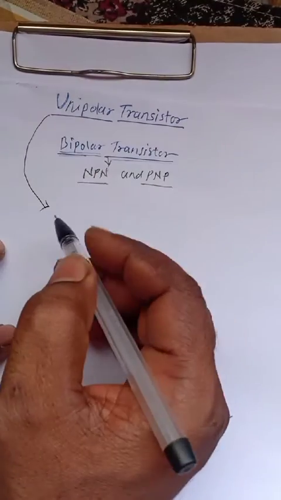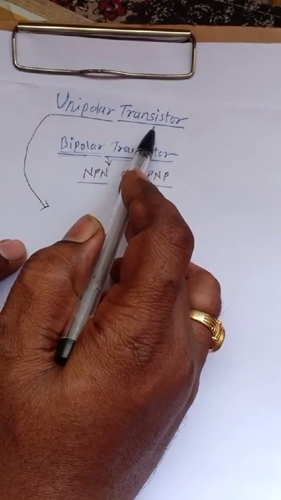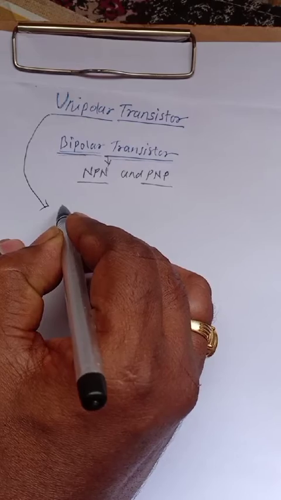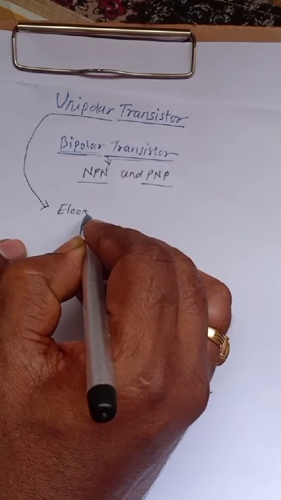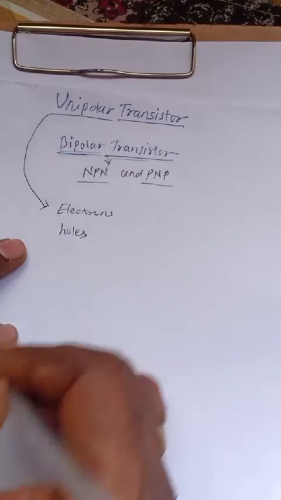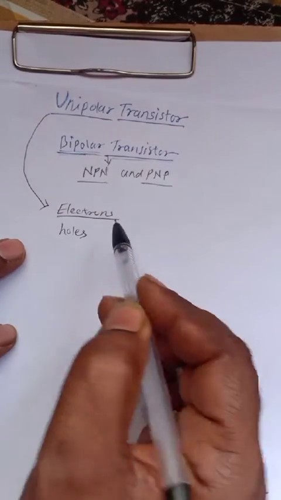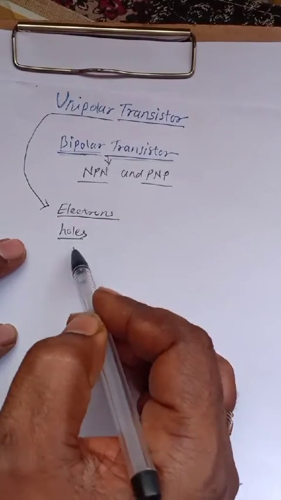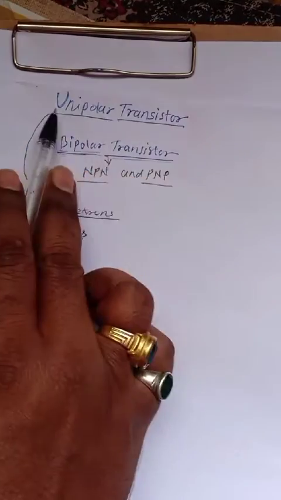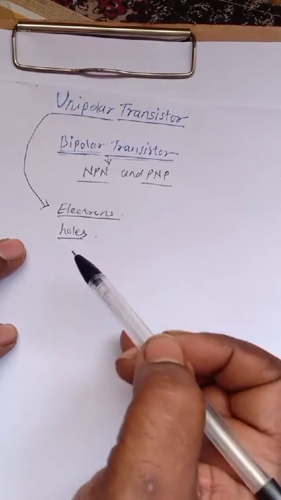So why is it unipolar? Because the current flowing through this transistor is because of only electrons or holes. So the current through the transistor is only because of electrons or holes, and therefore it is called a unipolar transistor. Electrons are negatively charged, holes are positively charged.